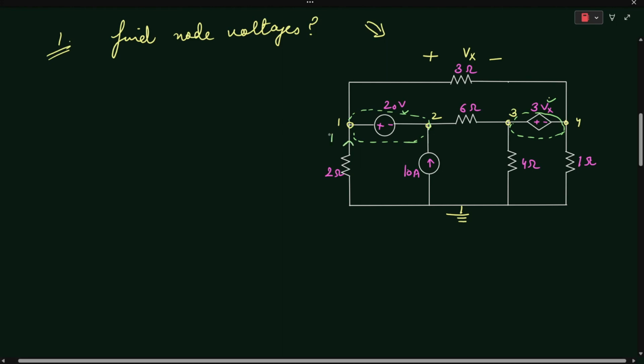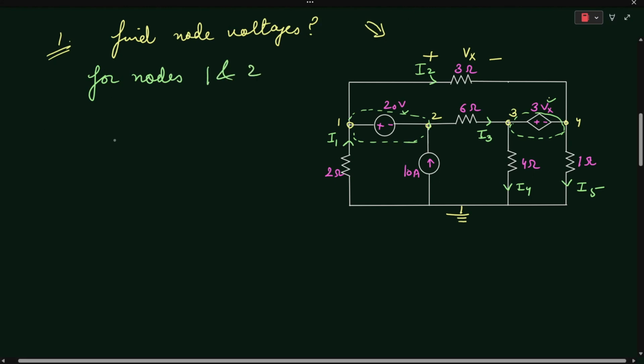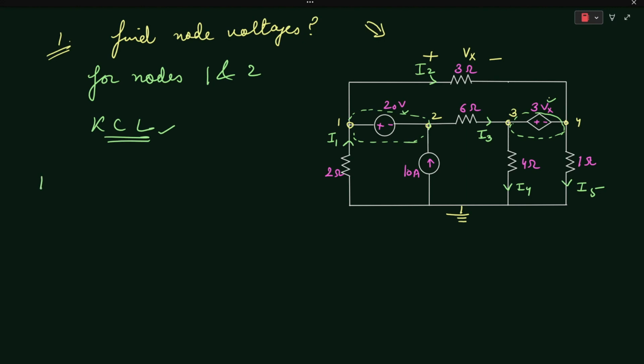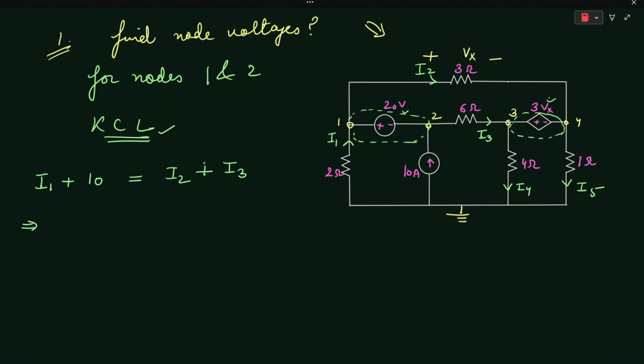Now let's assume the direction of currents. Let's say this is your I1, this is your current I2, this is I3, then I4 and I5. For supernode 1, for nodes 1 and 2, on applying KCL, I1 plus the 10 ampere current source is equal to I2 plus I3.